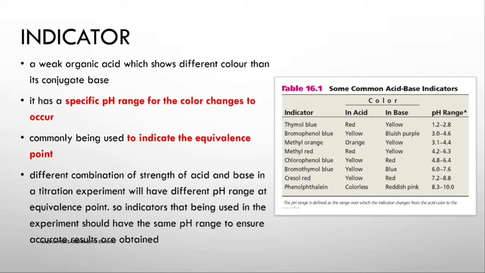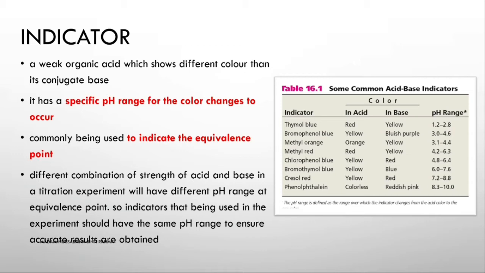That means different combinations of acid and base strength will require different types of indicator, because different combinations lead to different pH jumps. What is a pH jump? I will introduce it once we start sketching the titration curve.